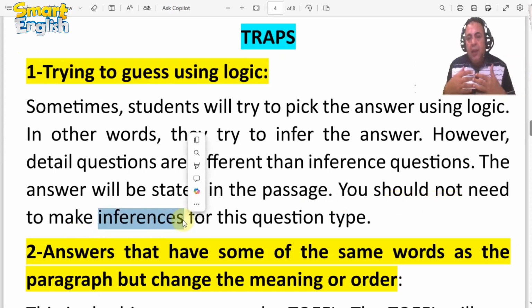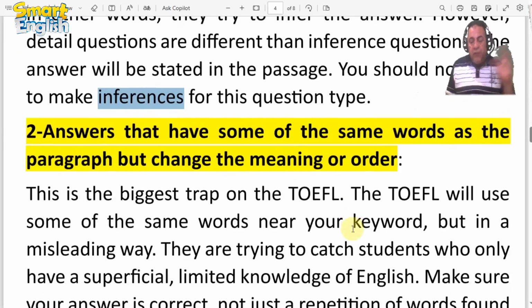It's not the time to draw a reasonable conclusion about something mentioned in the passage for this type of question. So the first step, summarized: there is a big difference. Do not make any conclusion with the detailed question, because it is not an inference question at all.